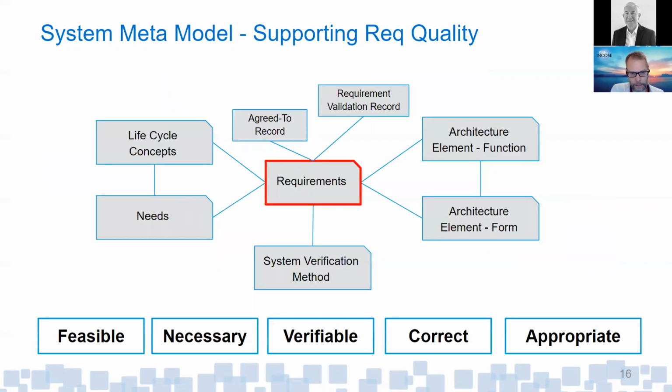I'll introduce two additional artifacts that you see here. One is called an agreed-to record. We agree on requirements. That can be an attribute of the requirement itself, or it can be a separate record. And another record is a requirement validation record. So when we perform validation, if we have a record of that, we can link the requirement to it.